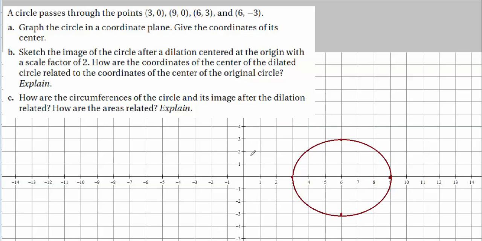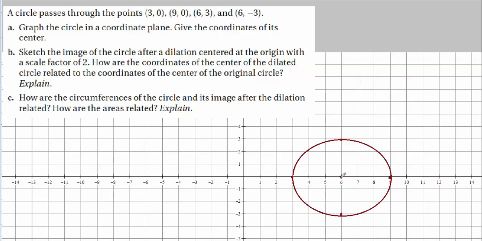You might be able to see that these vertical tick marks are a bit closer together than the horizontal ones, so our circle doesn't really look very circular. But if you count up, you can see that we've got 6 units across this way and 6 units across this way. So it really is a circle. It's just a problem with the way I changed the scale of our grid.